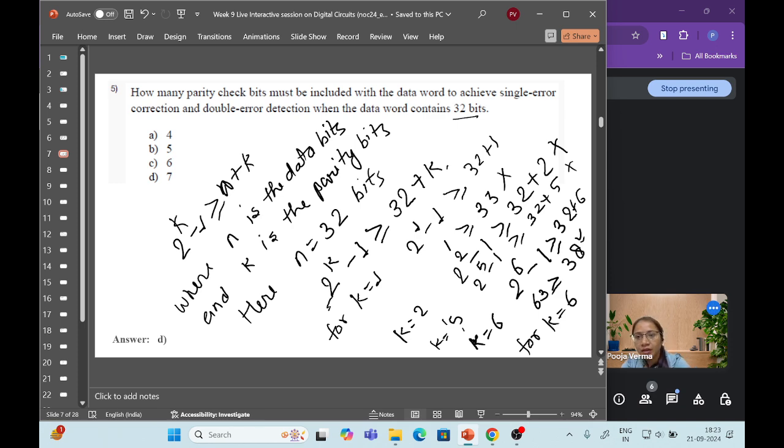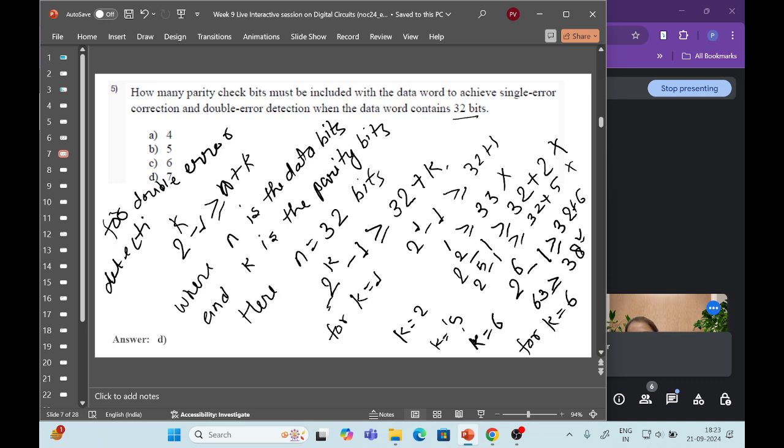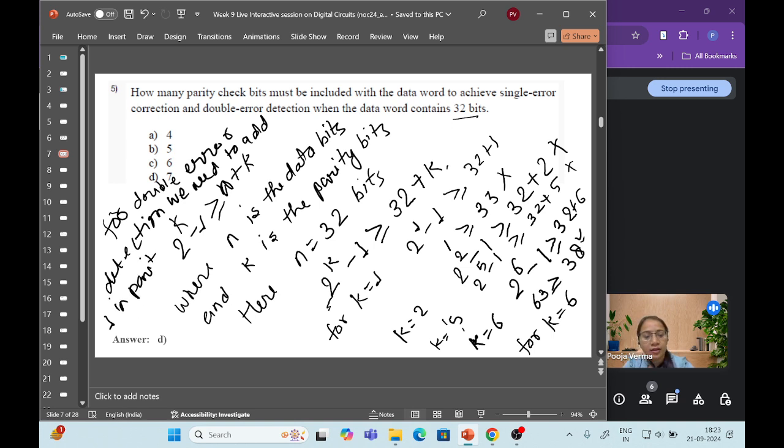For double error correction and double error detection, we need to add 1 in parity bit. Okay. So here k plus 1 for double error detection.